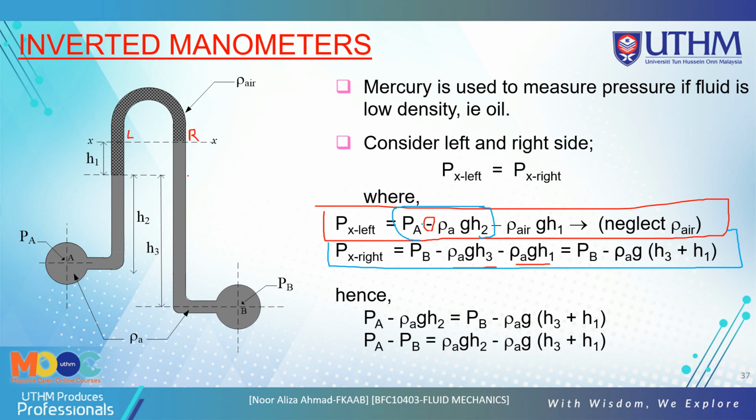Okay, the PA minus density of A G H2 and the right side PB, minus density A G H3 plus H1. So we get the value of this inverted manometer. Okay, so this is the concept to get the equation for inverted manometer.